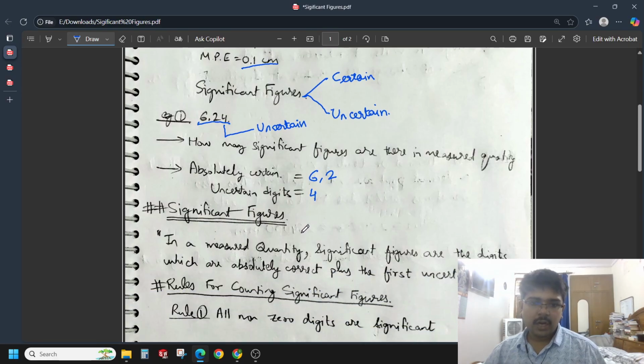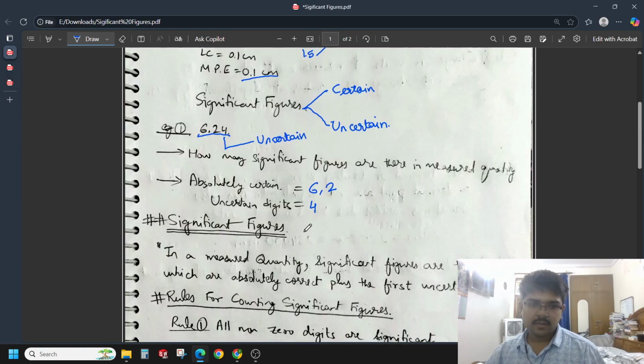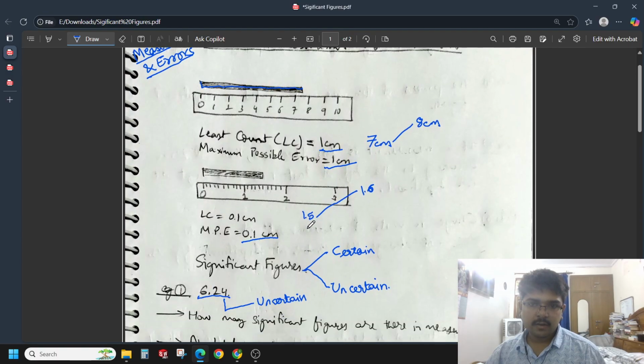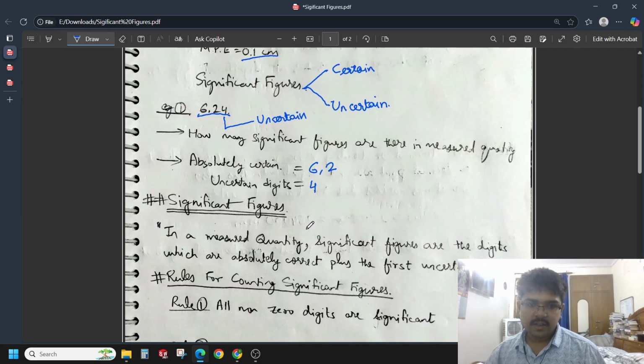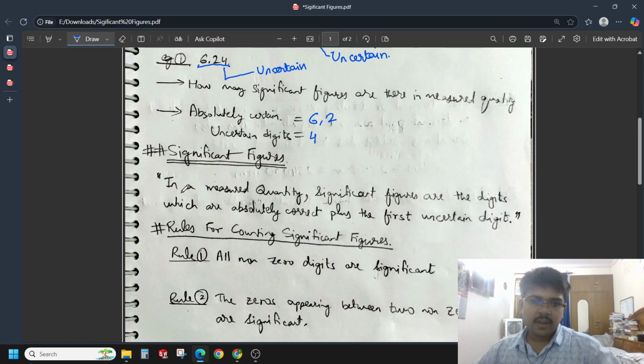Now, what are significant figures? Significant figures in a measured quantity are the digits which are absolutely correct plus the first uncertain digit. So we have 6 and 2 as certain and 4 as uncertain, in total 3 digits. So there are 3 significant figures.